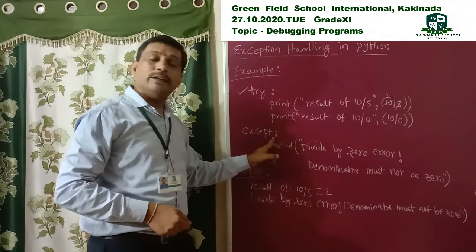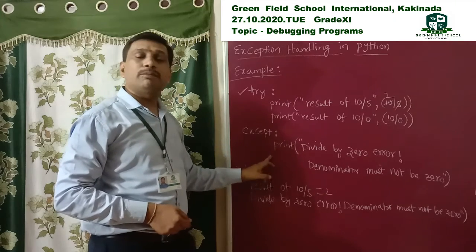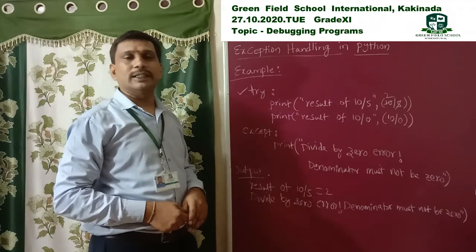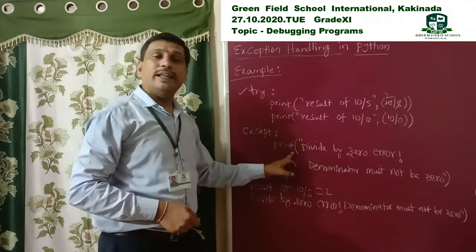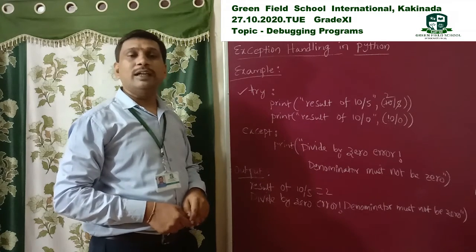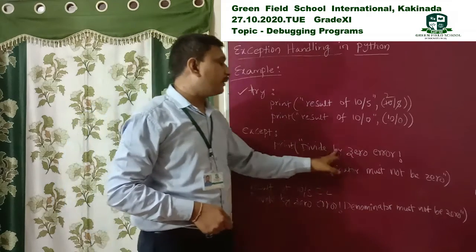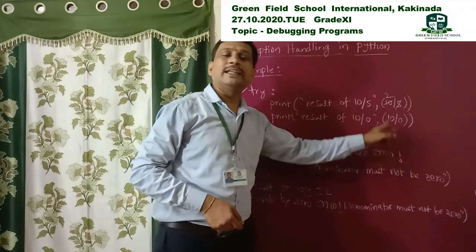The statements of the except block are executed one after the other. Here we write a print statement that is displayed in our exception handling mechanism. So here we write divide by 0 error. It is an error.